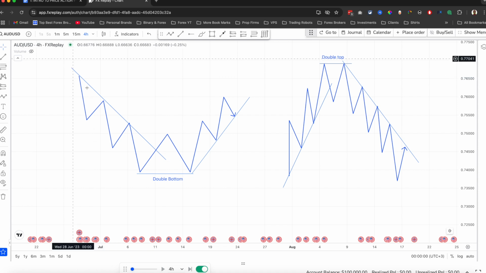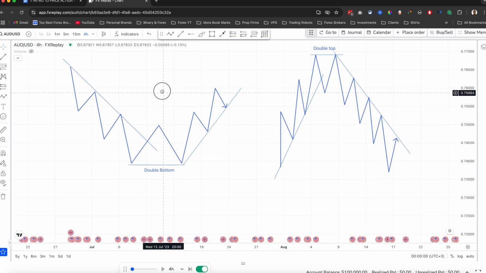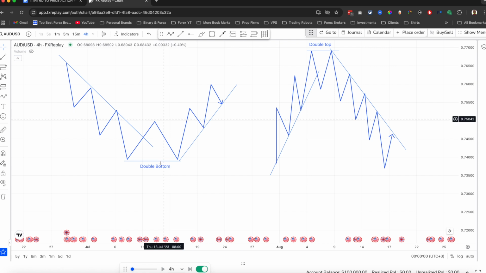So it's a downtrend, and then when the price wants to reverse, it takes out the trend line. Okay, it trades past the trend line and then comes back to retest, but does not take out this low, right? It remains as the same low as the previous low. So that means it's a double bottom. So if you see any sign like that, then that is a potential reversal, right?